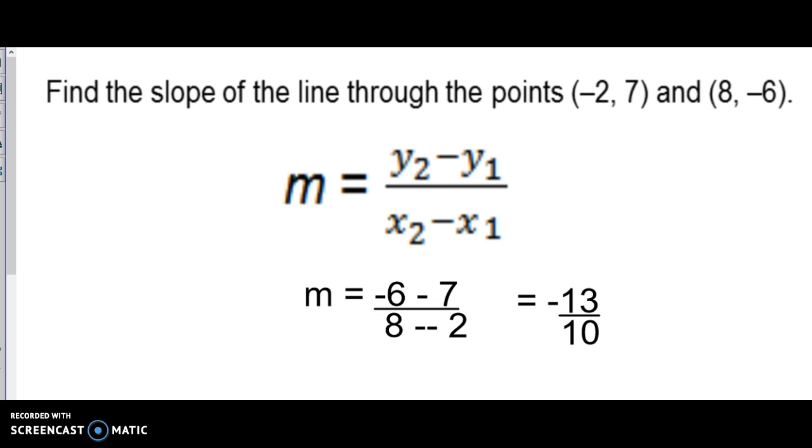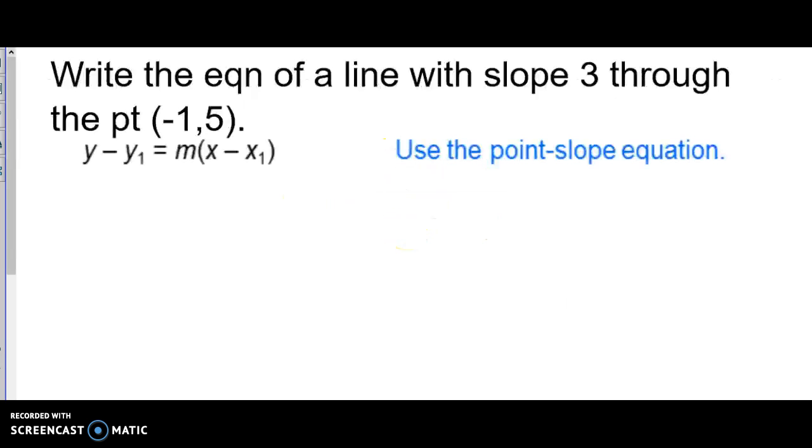Either way, I get -13/10. So it doesn't matter which point I use first. The important thing is if I use the second point first for the y value, I've got to use it first when I do the x value in the denominator. But notice I've got y's here and x's here. Rise over run. It's very common to mix those 2 up.